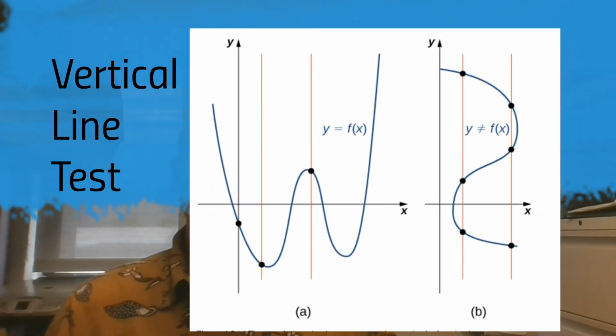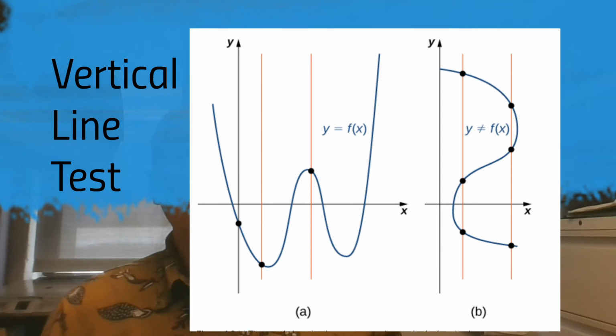Now graphically we can also take a look at a relationship between 2 variables x and y, and then be able to tell if y is a function of x.